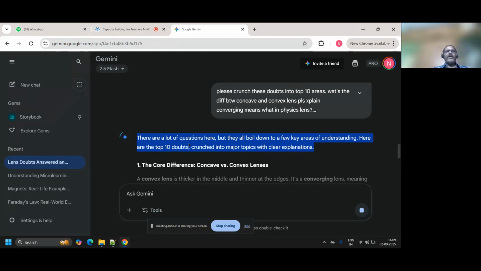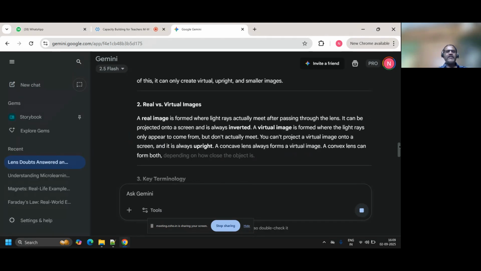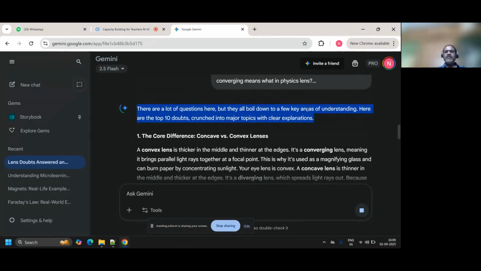What usually happens is, even if 1,000 people, even if 1 lakh people attend online classes, many doubts will be repeating. The doubts can be classified into specific areas, and based on the doubts that I have given, the AI engine says there are a lot of questions, but they boil down to a few key areas.